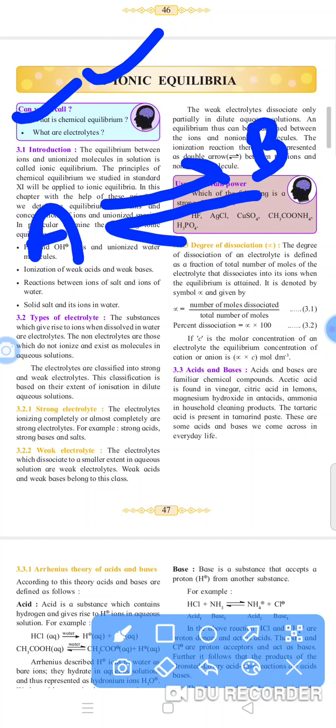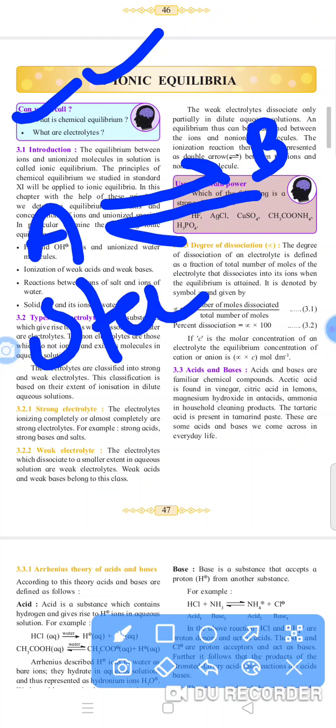in the equilibrium state, the rate of forward reaction, that is the conversion of A to B, and the rate of backward reaction, that is the conversion of product B to A, become equal. That state is called chemical equilibrium. What is the definition of chemical equilibrium?